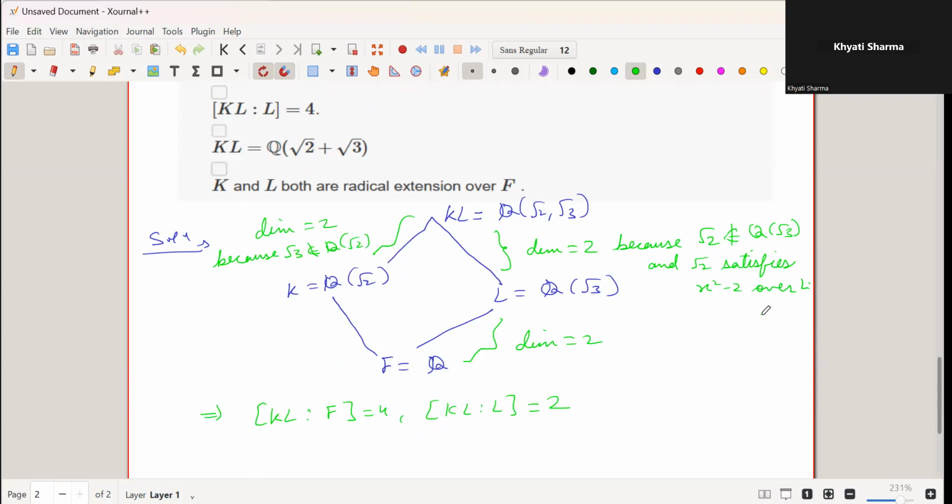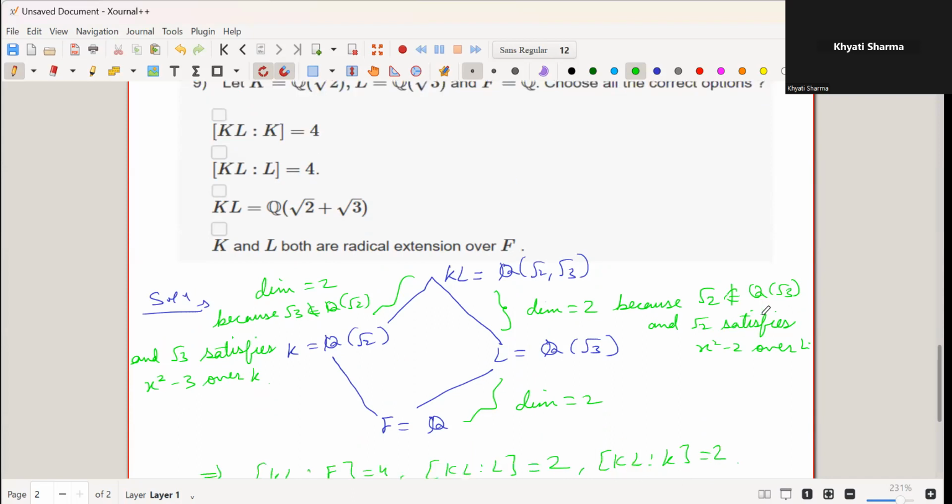The minimal polynomial that it satisfies is of degree 2, so the dimension has to be precisely 2. So KL over L is of dimension 2, and KL over K is of dimension 2 again.